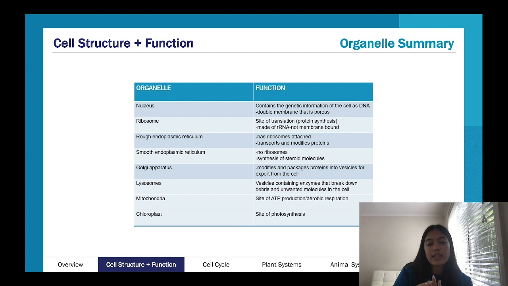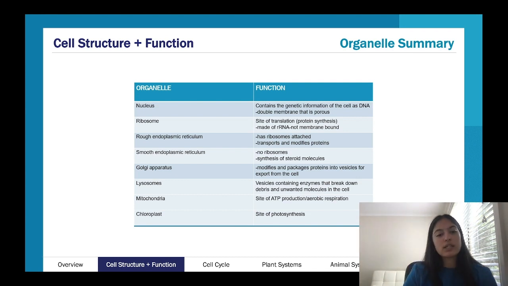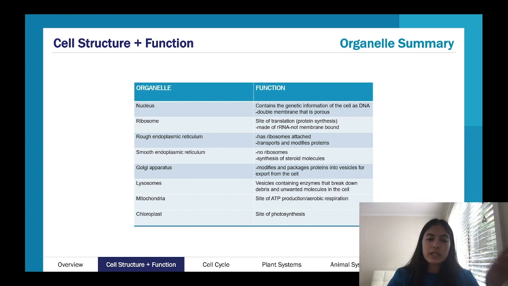Bear in mind as well that the details of these have been removed from the study design. You do need to know them in year 12 though. They are really important, so there's no harm in learning about them, but just be aware that you shouldn't be tested on them in such detail as you may have been previously based on the previous study design. Okay, hopefully that makes sense.